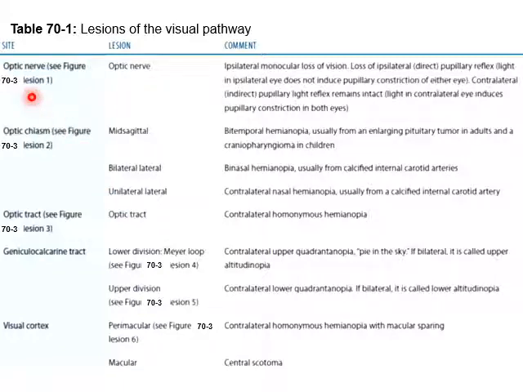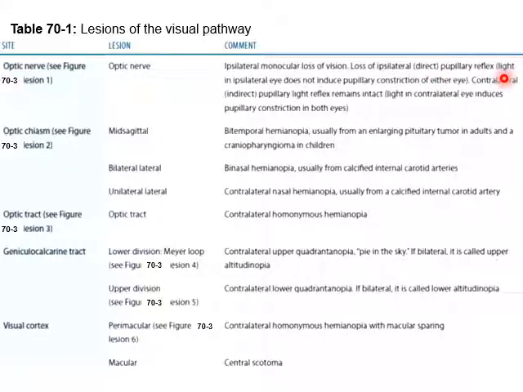If you look at the optic nerve, the first example in the figure I just showed you, when you cut the optic nerve you will get ipsilateral monocular loss of vision. This eye is blind, and since the eye is blind, it will not receive any light signal. It will not see anything. So that's why you will get loss of the ipsilateral direct pupillary light reflex.